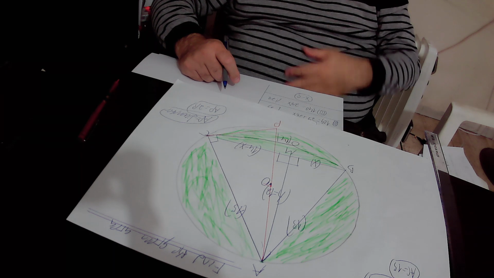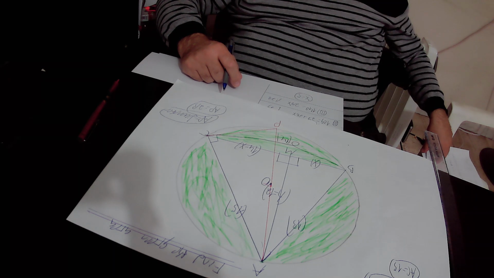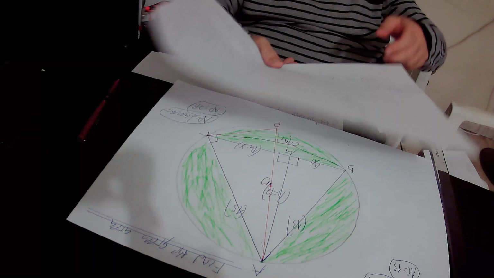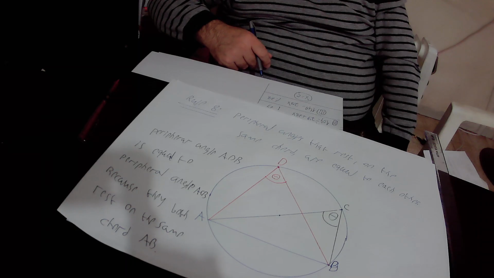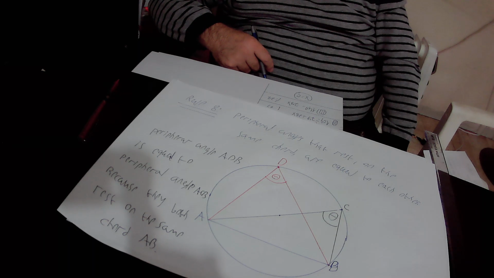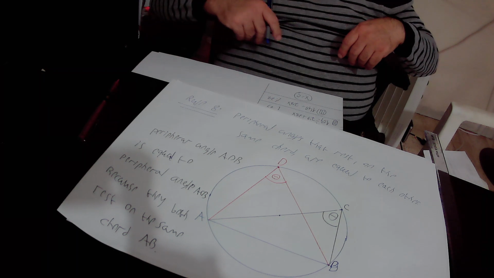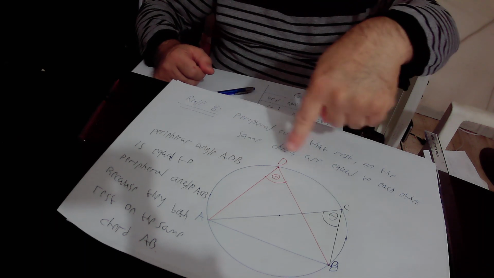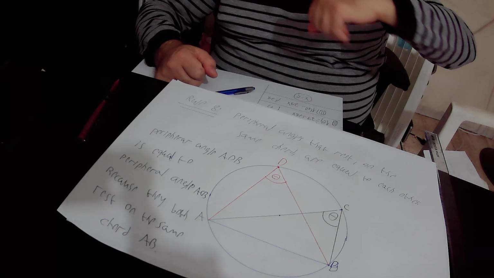Here we can also implement rule number 8. According to rule number 8, peripheral angles that rest on the same chord are equal to each other. In the drawing we have peripheral angle ADB that rests on chord AB, and it is equal to theta.